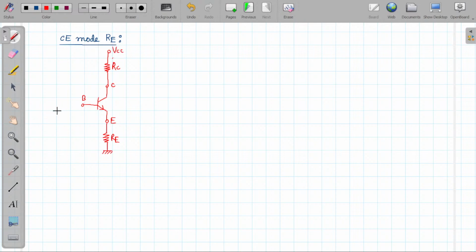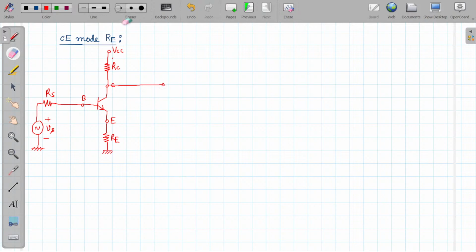Similarly, at the base terminal we will have an AC voltage signal, and the source resistance is denoted by RS. This AC signal source will be amplified by this amplifier, and the amplified output we will get from the collector.